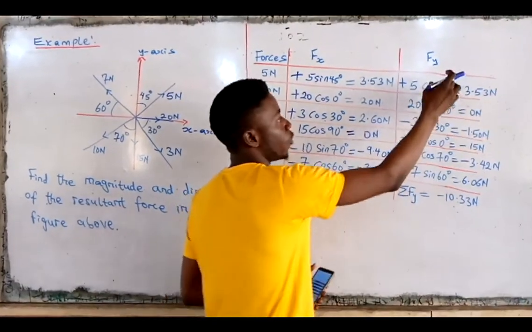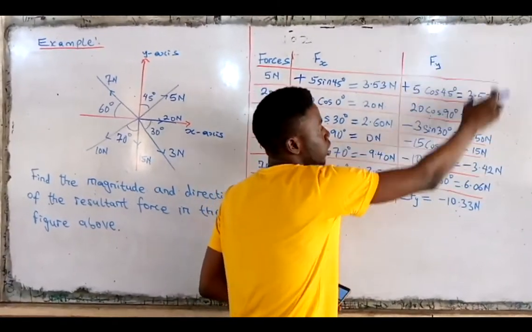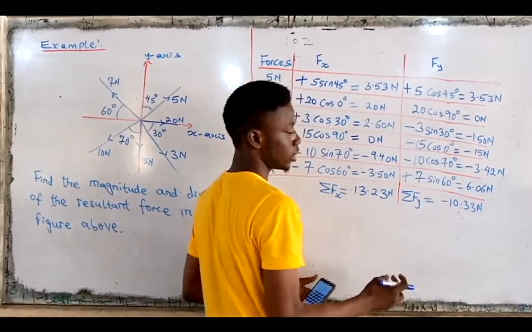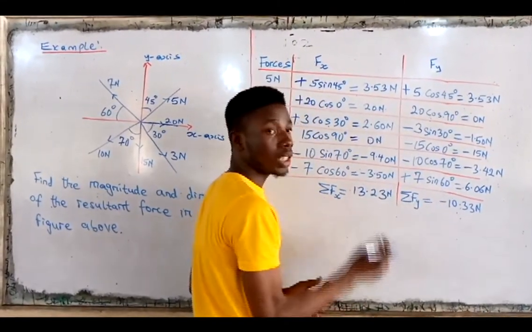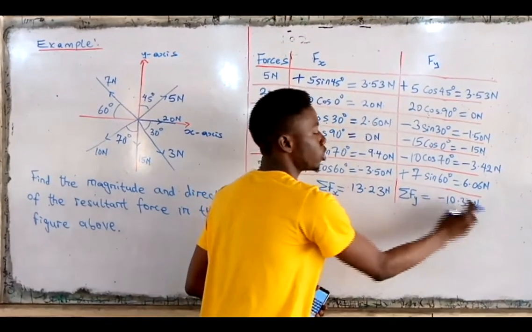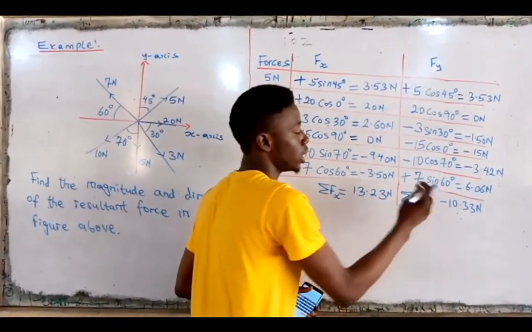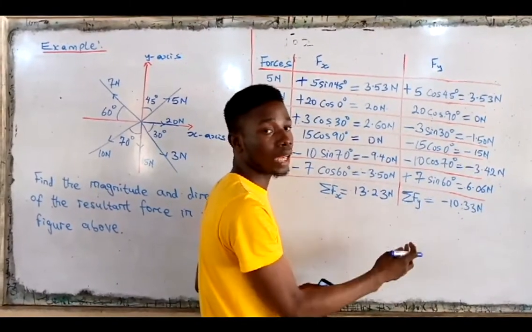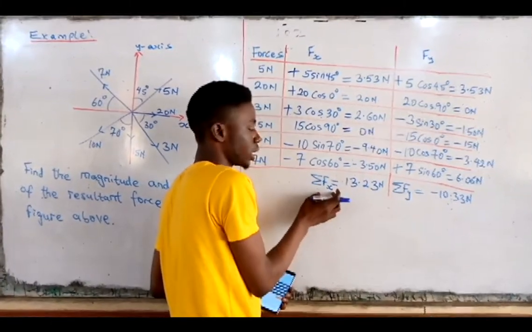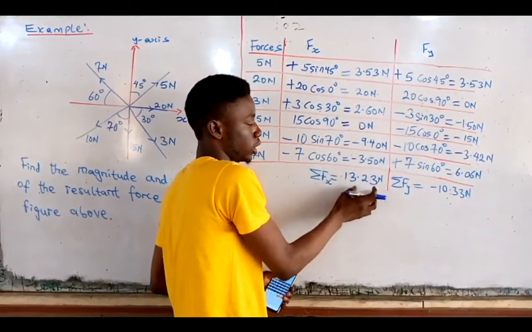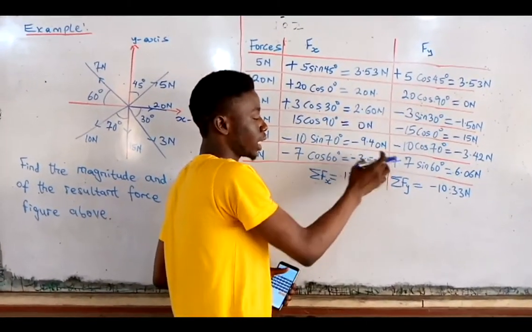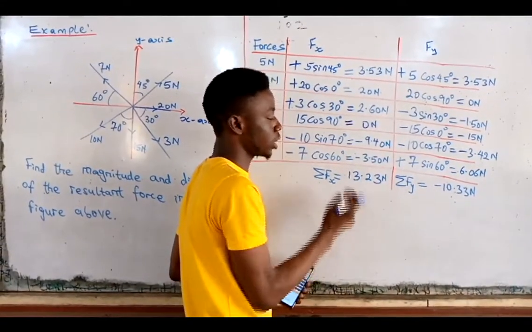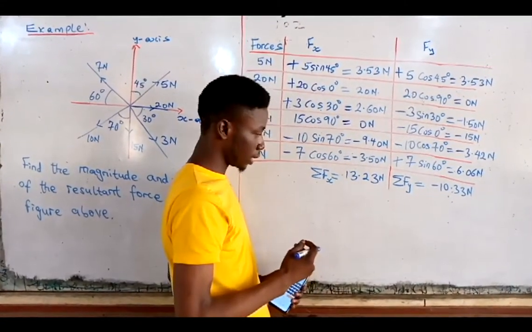As well, for the y-axis, this is the total force acting on the y-axis. The negative value here shows that the effect of this force is felt on the left-hand side of the y-axis. And for the x part, because it is positive, it shows that the resultant here is felt on the right part of the x-axis.